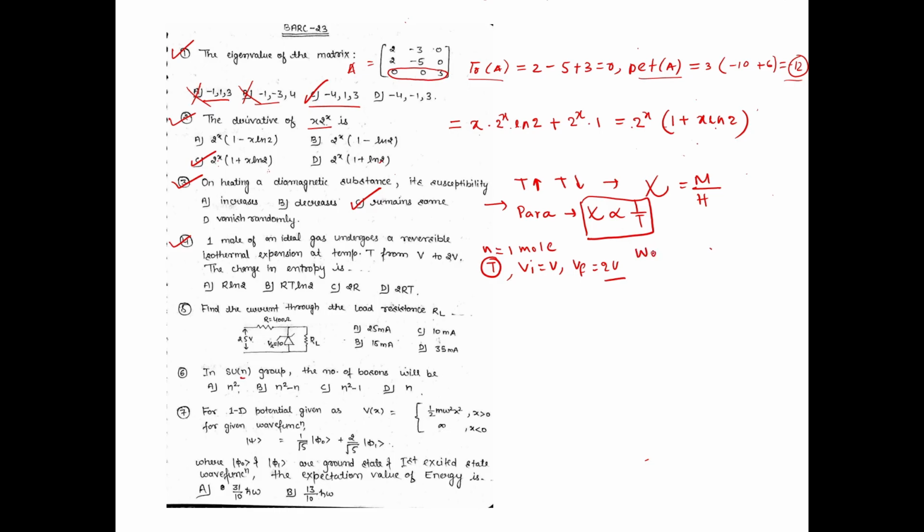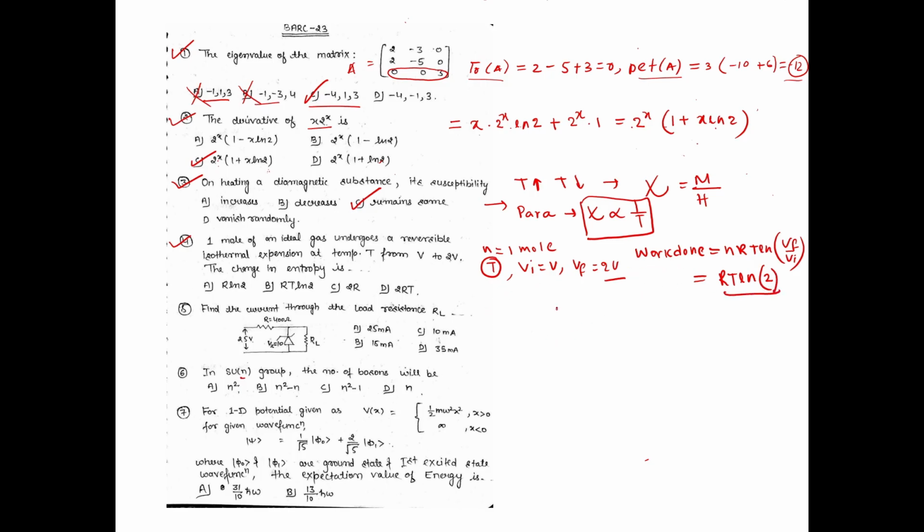The work done will be nRT ln of V final divided by V initial. Now n is 1 here, so RT ln of final volume 2V over initial volume V, so it will be only 2, so RT ln 2. So this is the work done.